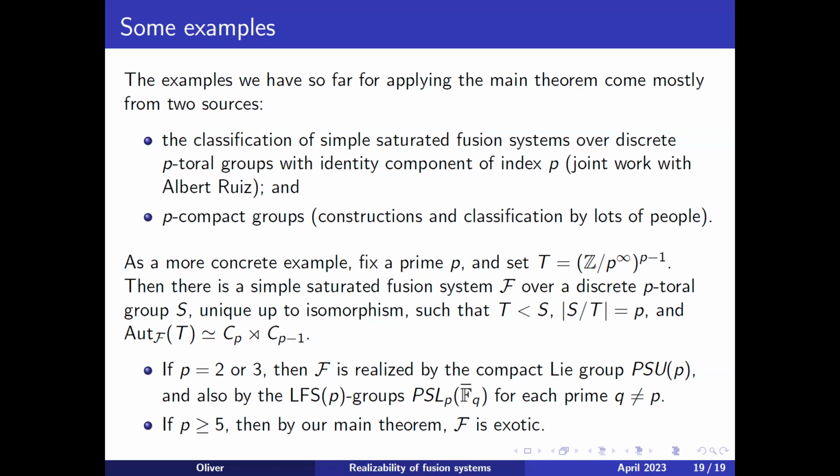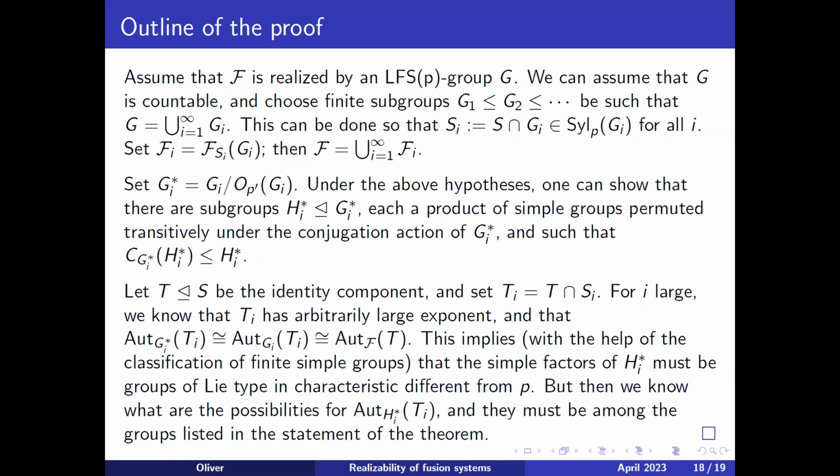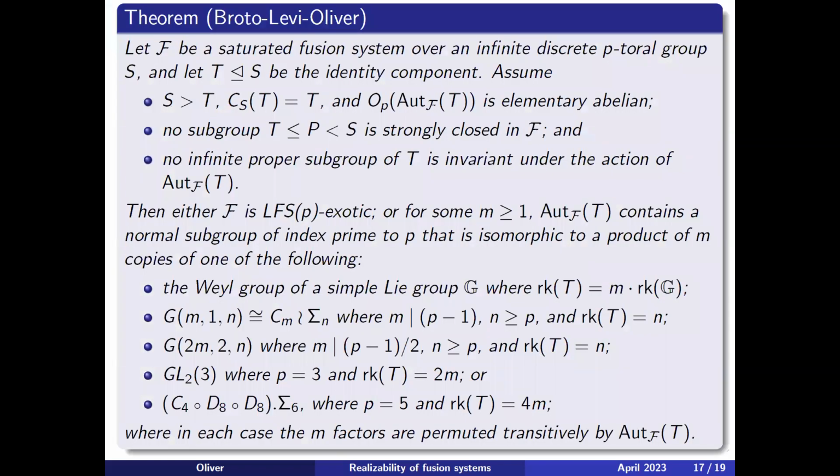And let me just note that I'll go back to the main theorem, because here Aut_F(T) is C_p semi-direct product C_{p-1}. Here, one just has to check through the list. It says it has to have a normal subgroup of index prime to p. That means basically containing a group of order p.